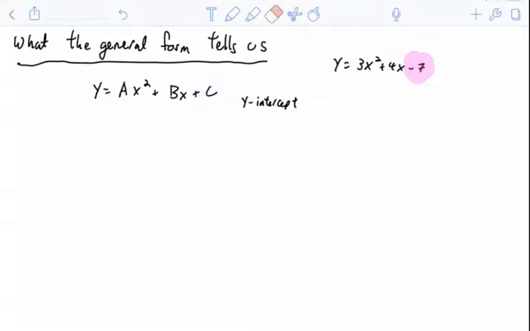It's the case because all the other terms in this expression have an x in them. So when x is equal to 0, each of these highlighted terms is 0, and y must equal the last term. Okay? So it's the only term that doesn't depend on x, so it's the only term left when x is equal to 0, which is essentially where the y-axis is.